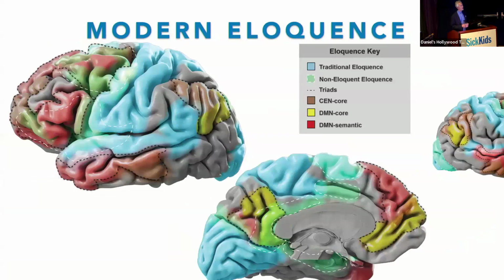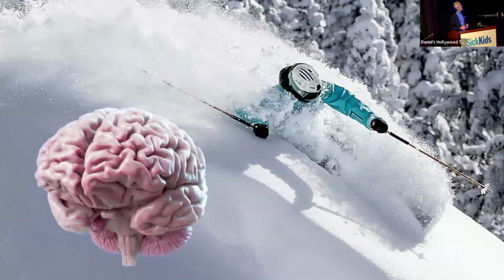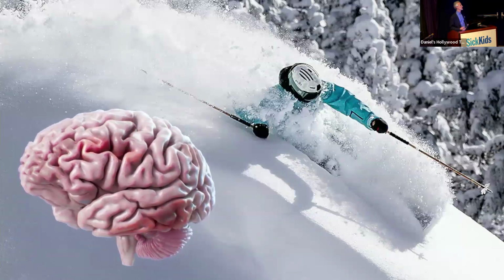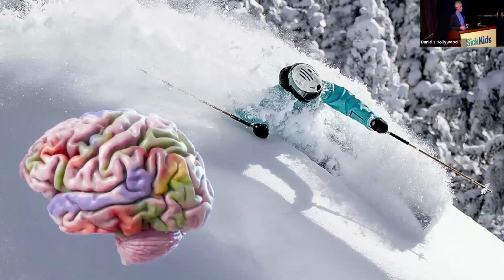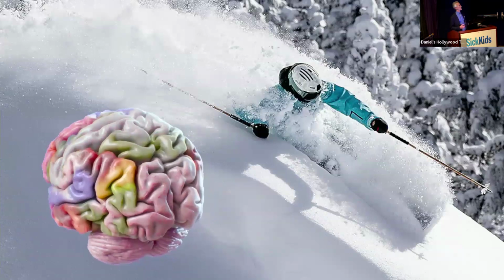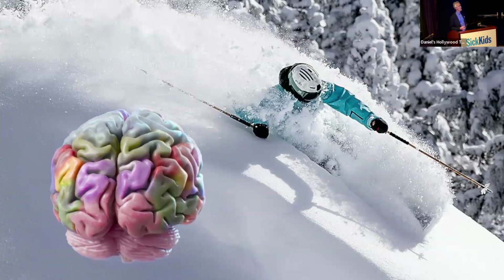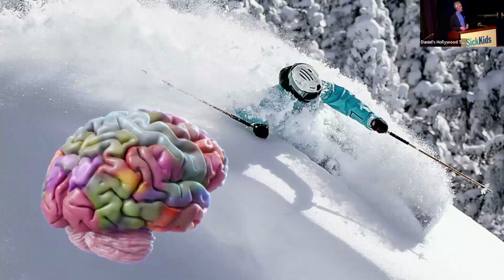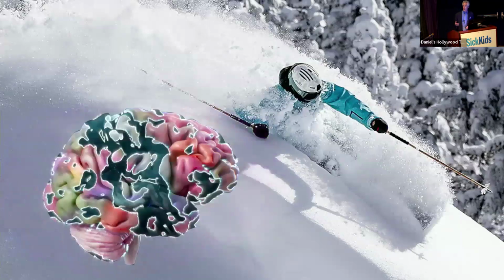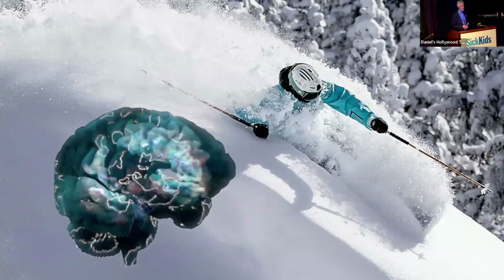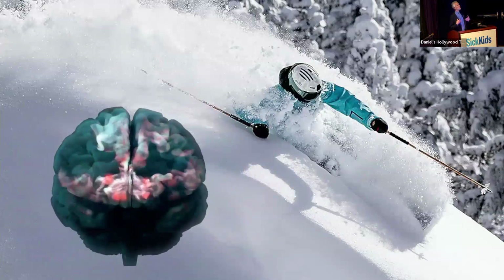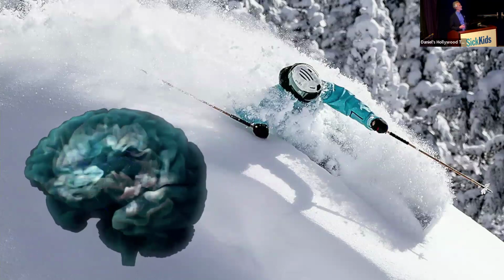So then when we add traditional eloquence to that non-eloquent eloquence to triads, you can see the map gets even fuller still. And so what we're moving towards is this idea that there really isn't any non-eloquence in the brain left. The only way that there's non-eloquent brain is that we don't really understand what it's doing yet, and we will someday. And that really comes to light with this example. If you think about skiing, you're using so many, if not all, of the networks simultaneously.